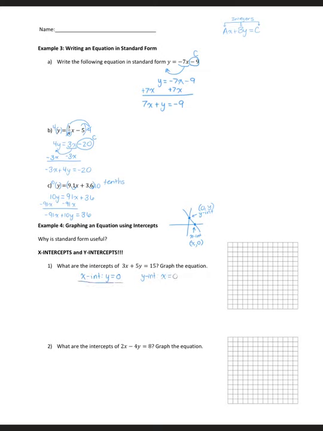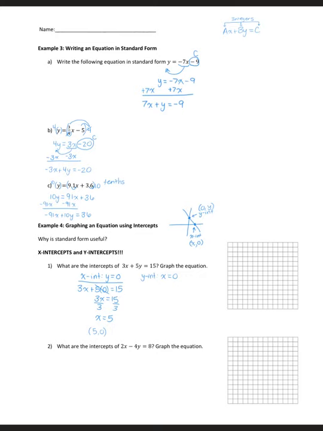So in our equation here, if I'm looking for an x-intercept, I'm going to substitute 0 in for y. So 5 times 0, that just goes away. And now we have this very simple equation to solve. Divide by 3, x equals 5. So that means that the coordinate of your x-intercept is 5, 0.